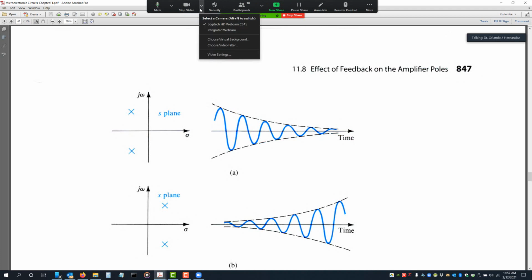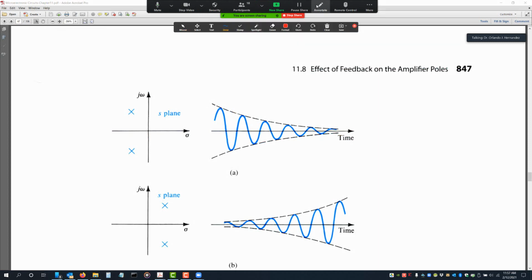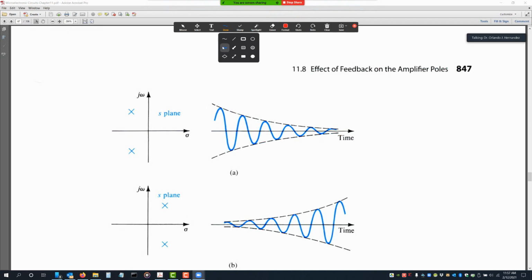Your amplifier will settle to some specific output for some specific input. That's what this refers to.